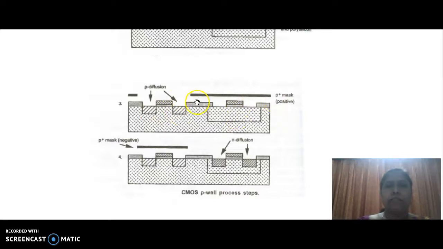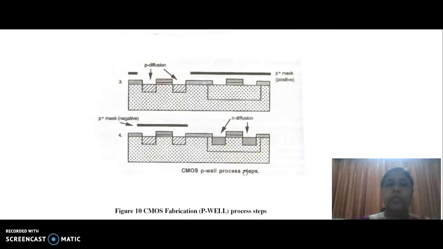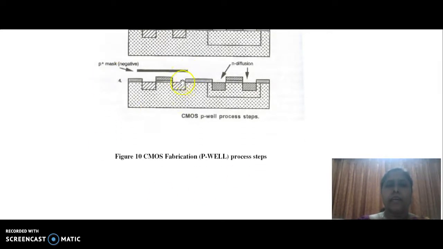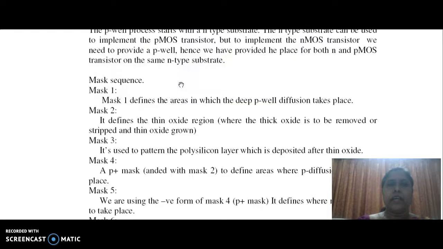Next, a negative of this mask, which is the P plus mask negative, is used to create the source and drain regions of the N MOSFET. This is again done by diffusion, and N type impurities, that is either phosphorus or antimony, can be used. Once the source and drain regions are created, you have to create contact cuts by making use of thick SiO2, the photolithography process and chemical etching, and then carry out metallization to do the interconnection.